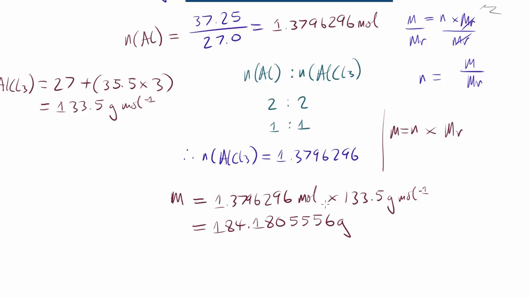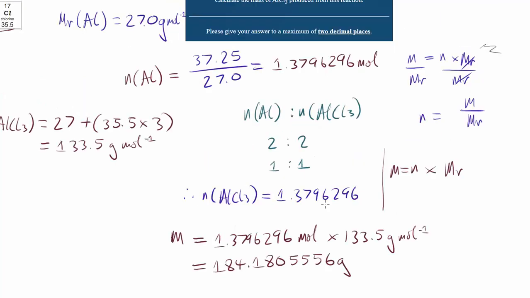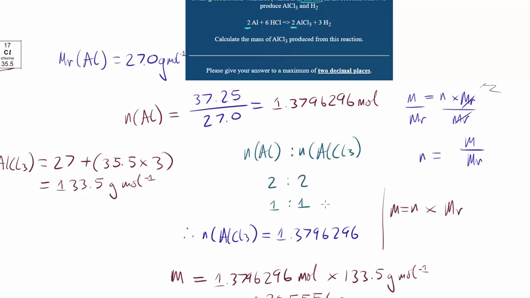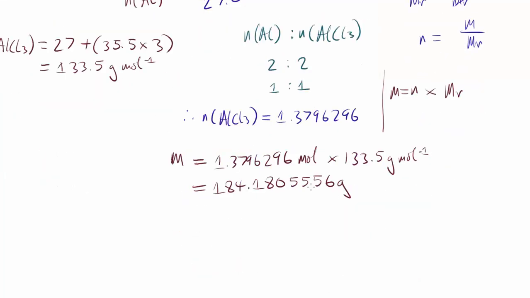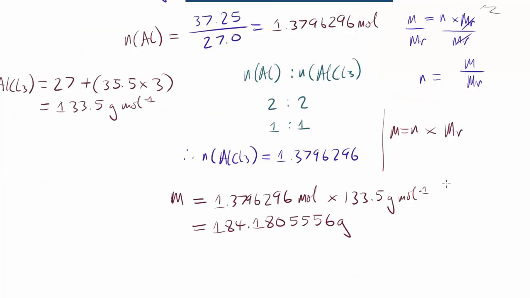But then the question is, is this our answer? Is this what we can state as the answer to this question? Well, if we refer back to the question, it specifies, please give your answer to a maximum of 2 decimal places. Clearly, our answer is not to 2 decimal places; it's to 7 decimal places at the moment.